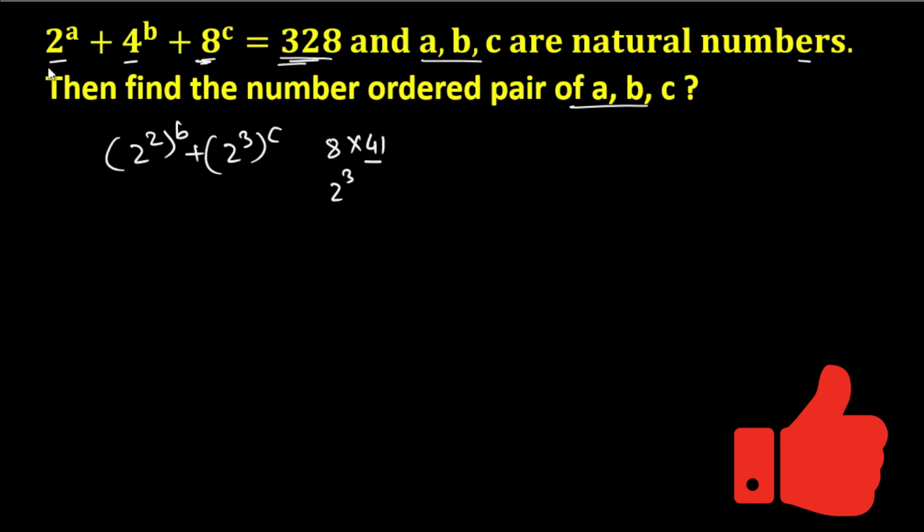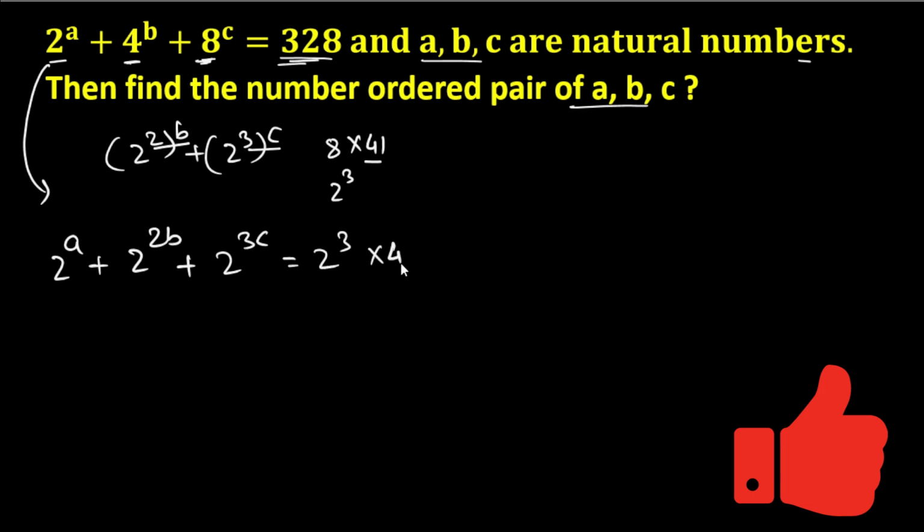So now the equation we can write as 2^a + 2^(2b) + 2^(3c) = 2^3 multiplied by 41. So friends, hope till here everything is clear.